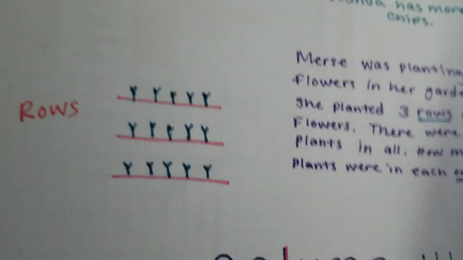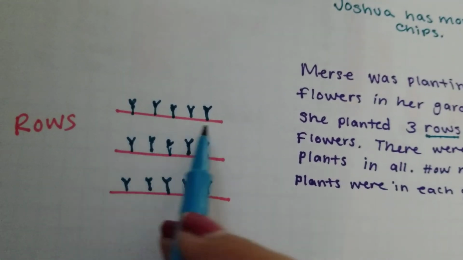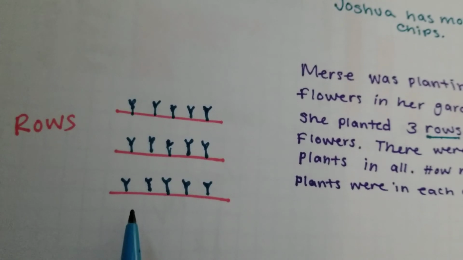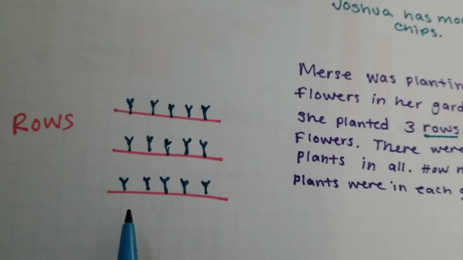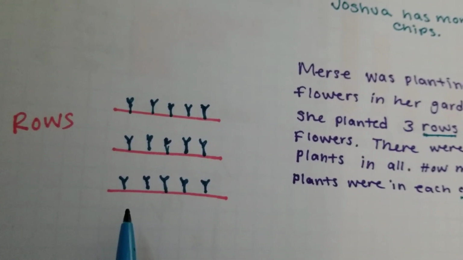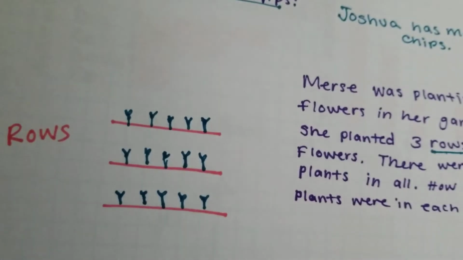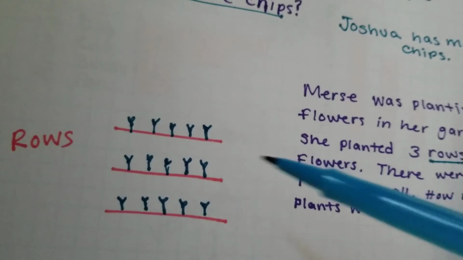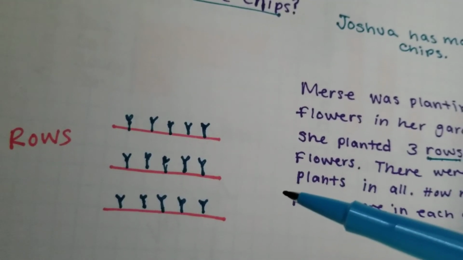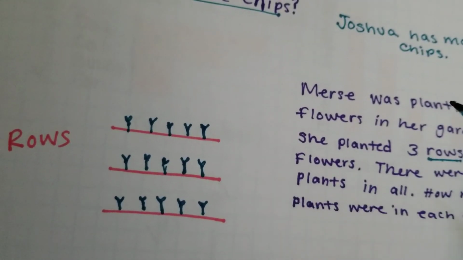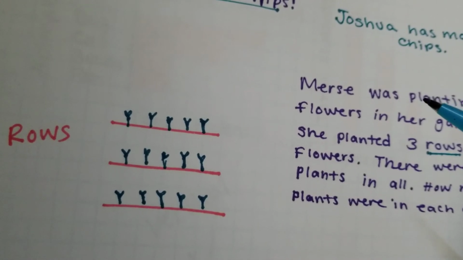So then we can count up how many is in each column. So if we have 3 rows, how many were in each column?